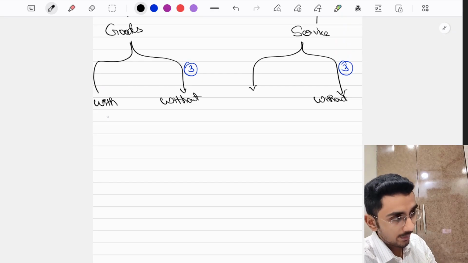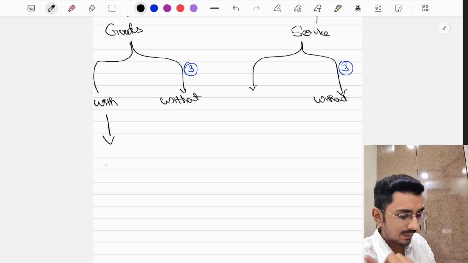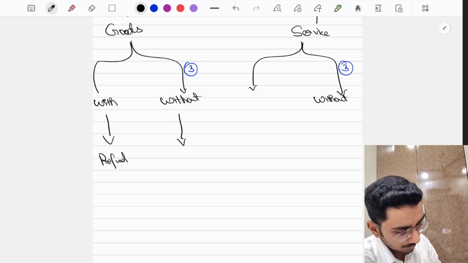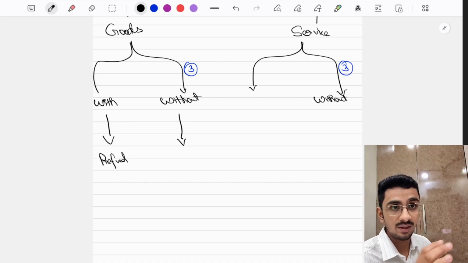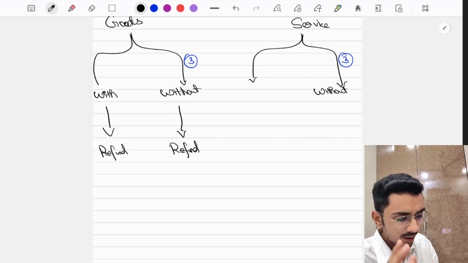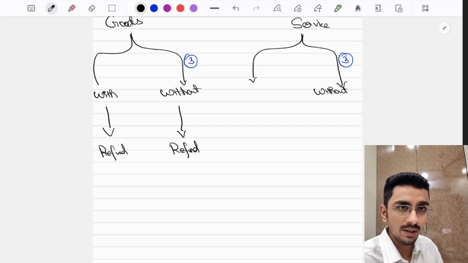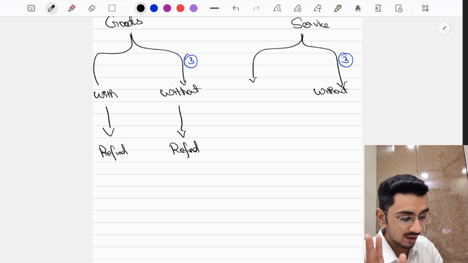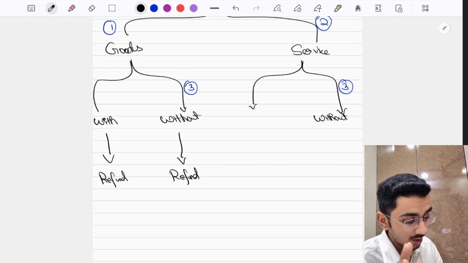Once you go with payment, you can subsequently apply for a refund. We will not go into the details of section 54 and all. We can go for a refund under both the categories, with payment or without payment. Without payment, probably you will not include capital goods, etc. Let's not go into the details further.